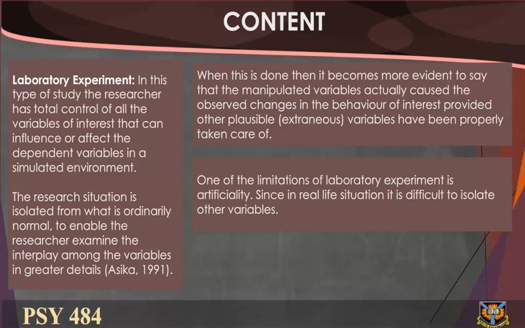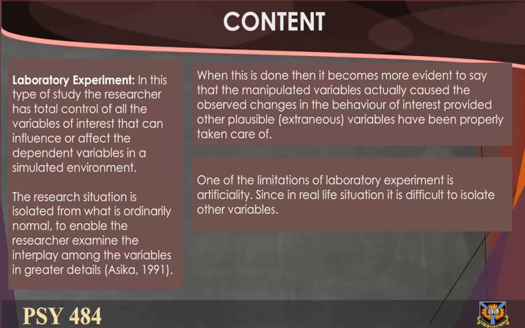When this is done, it becomes more evident to say that the manipulated variables actually caused the observed changes in the behavior of interest, provided other plausible extraneous variables have been properly taken care of. One of the limitations of a laboratory experiment is artificiality, since in real-life situations it is difficult to isolate other variables.